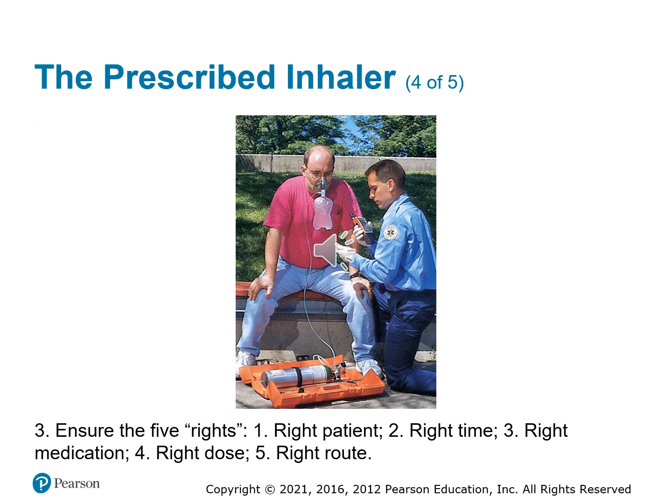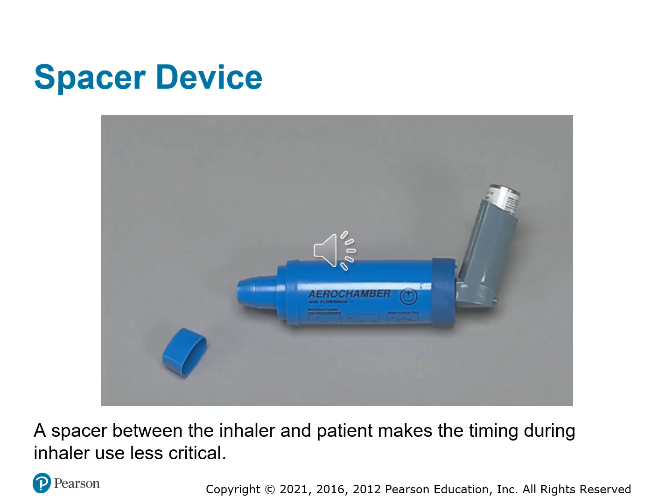Here they are reviewing the rights with the patient, and then they will later document. And this is a picture of that spacer. You can see it's called an aero chamber or a spacer. Again, many patients have these if they have difficulty with regulating the inhalation and depressing the canister.